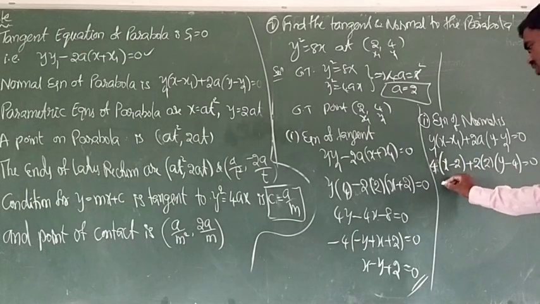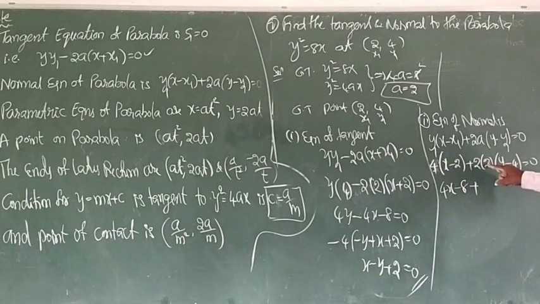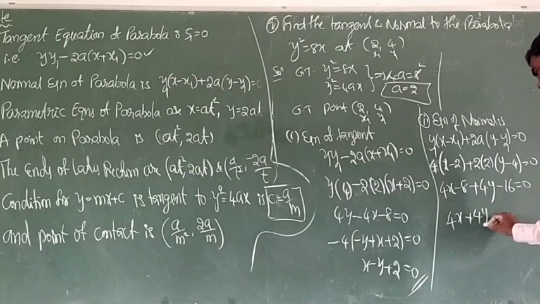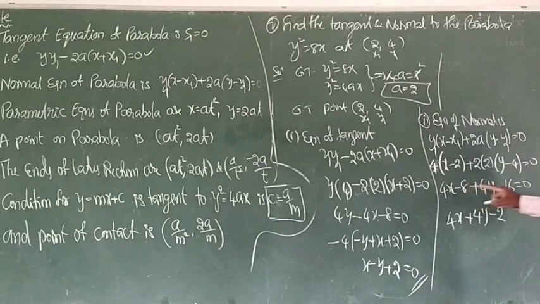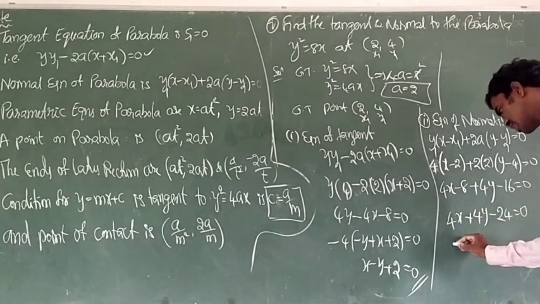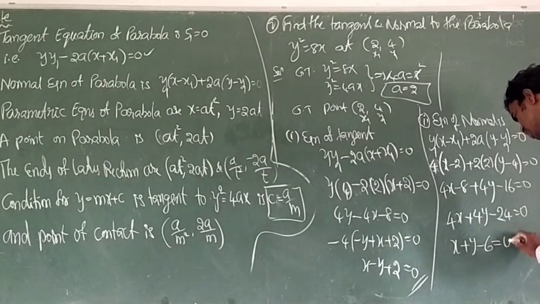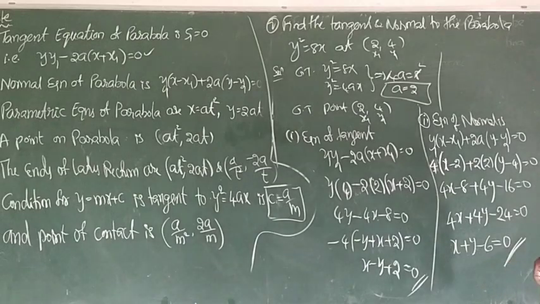So 4 into x, 4x, 4 into minus 2 is minus 8, plus 2 into y, 2 into 4 is 8, 8y, 2 into 4 into 4, minus 16. So 4x plus 4y minus 8 minus 16, how much? Minus 24 equal 0. In each and every term 4 is taken as common, then the remaining is x plus y minus 6 is equal to 0. This is the answer.